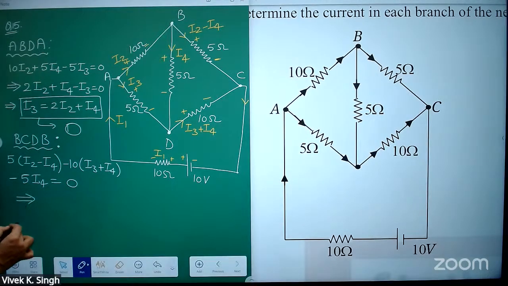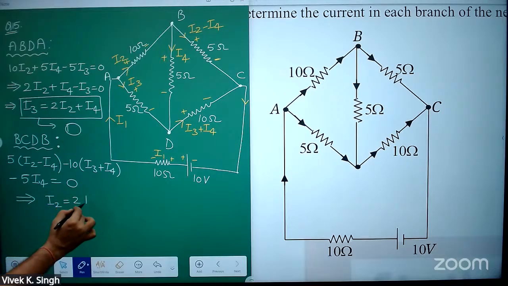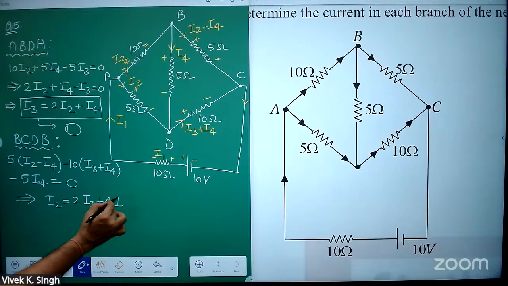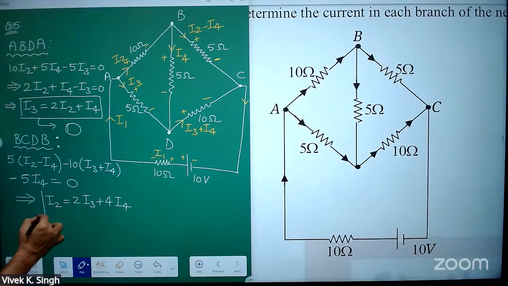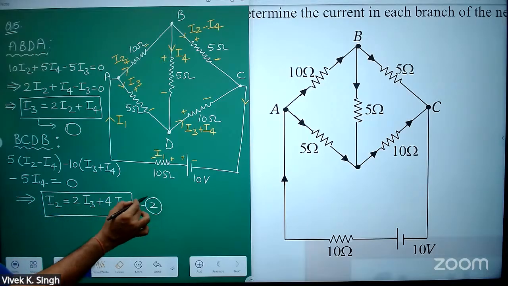Let's simplify this expression. And if you simplify it, you will get I2 is twice I3 plus 4I4. This will be equation 2.